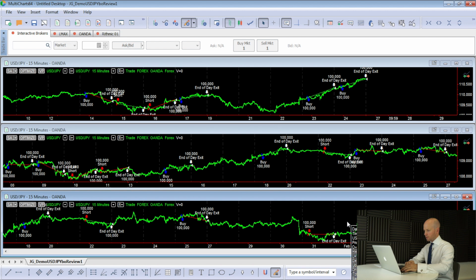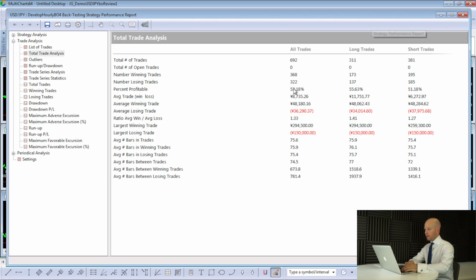And this bottom chart is the one with data up until February 2019 when I developed the strategy. And we can see percent profitable 53%. In the last chart it was 52%. Average trade 8,700. So the quality or the average trade value of the strategy has dropped nearly 1,000 yen since the development date of the strategy over 2.5 years ago. A shame, but nothing drastic.